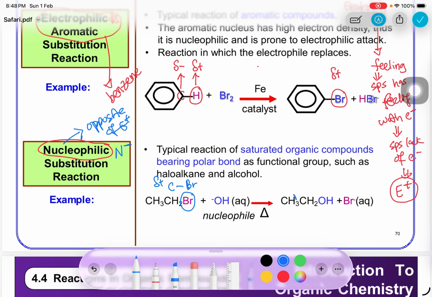Carbon partially positive, Br partially negative. Okay, and then in between the bond carbon and OH, OH is partially negative, and then carbon is partially positive. So we can see Br is replaced by OH, both of which are partially negative. So we consider it as nucleophilic substitution.